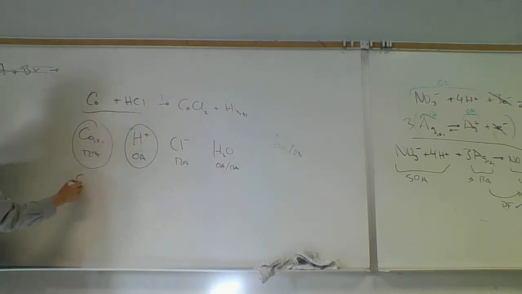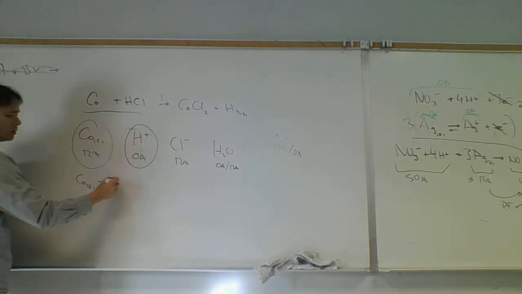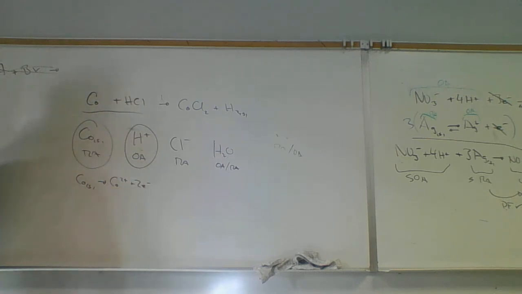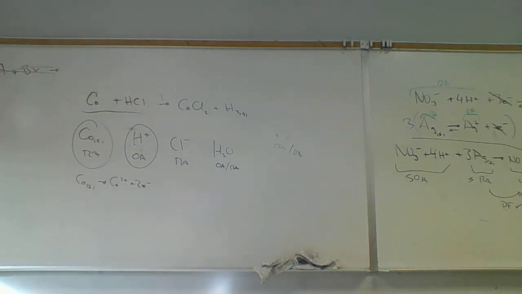Here, it's the same thing. If I look at cobalt, unfortunately our chart doesn't have cobalt. So I'm just going to tell you, cobalt goes to Co2+ plus 2 electrons.